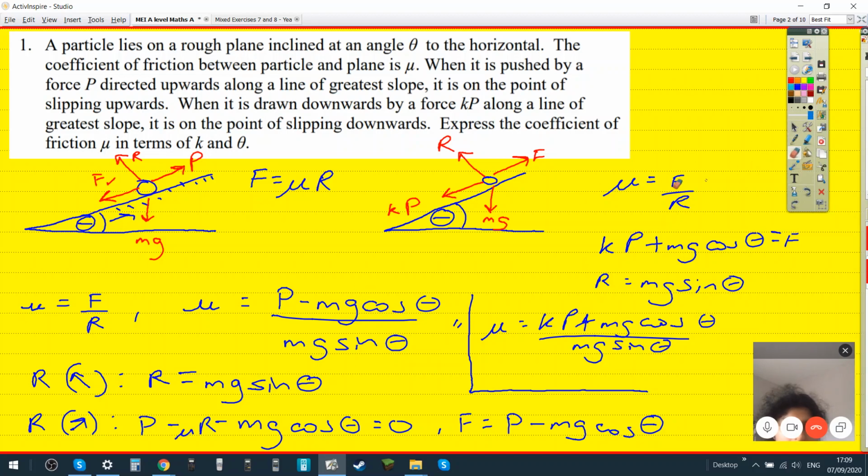You'd have mu mg sine theta minus mg cos theta instead of P.